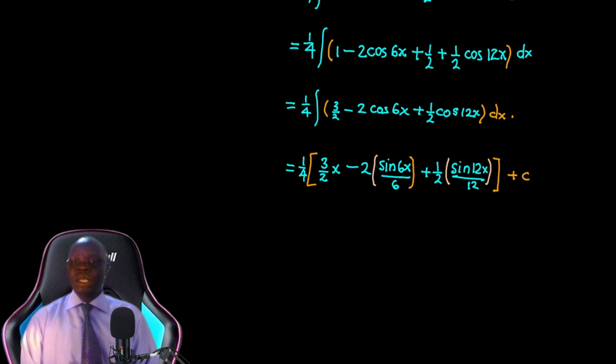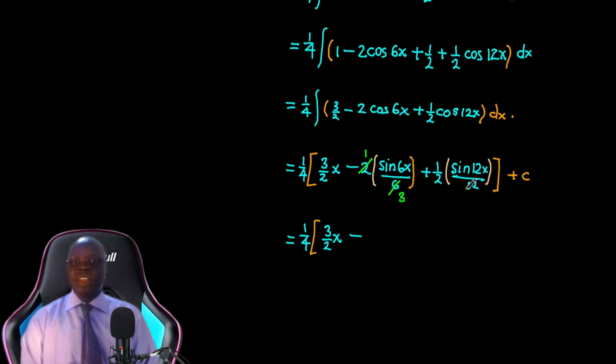So let's move on and first of all simplify what we have here such that we don't have too many things to work with. So let's first maintain our 1/4 multiplied by the first term. It has no problem, so we can just simply copy it, and that is 3/2 x. Now minus, so we can see here that we can divide 2 by 2 goes 1, and then 6 by 2 goes 3.